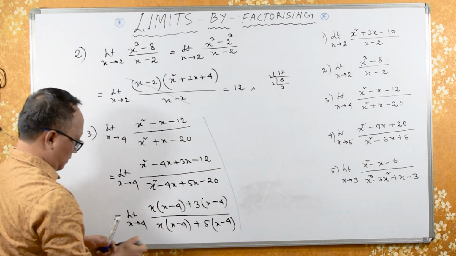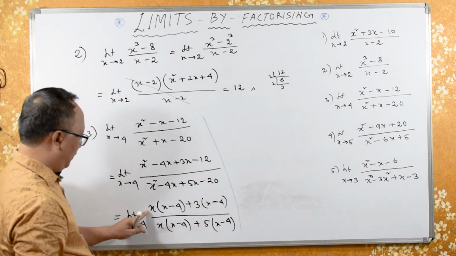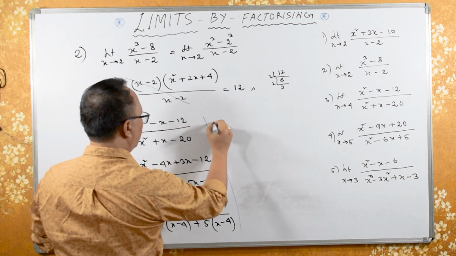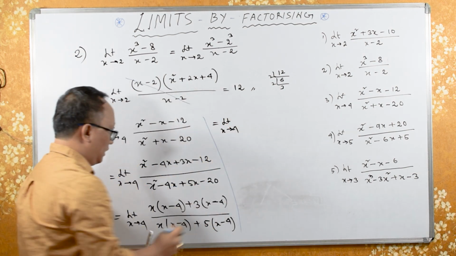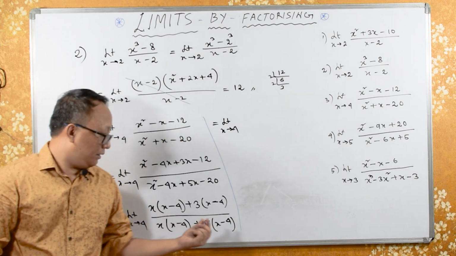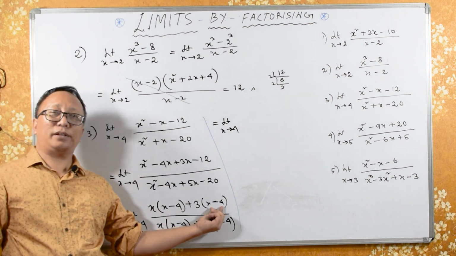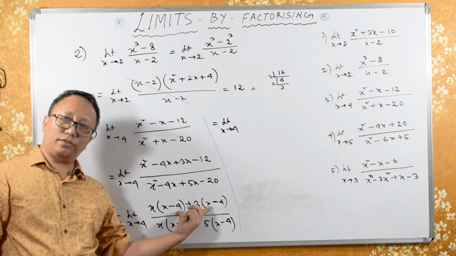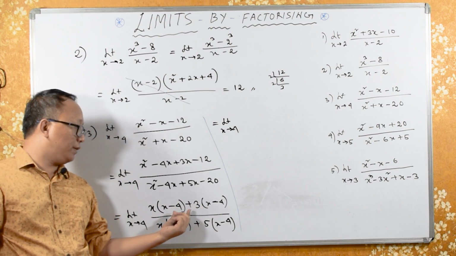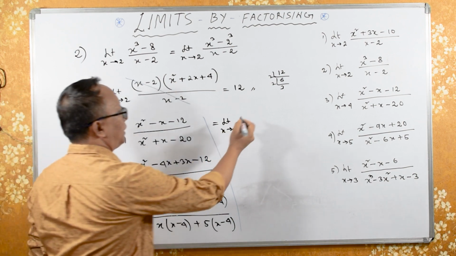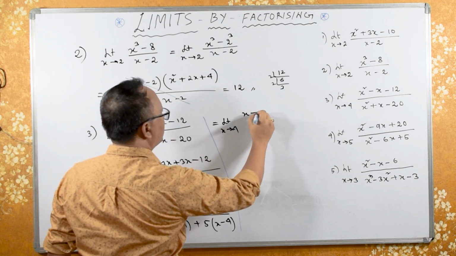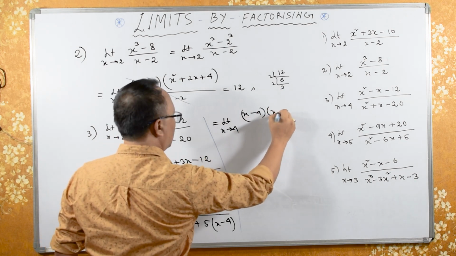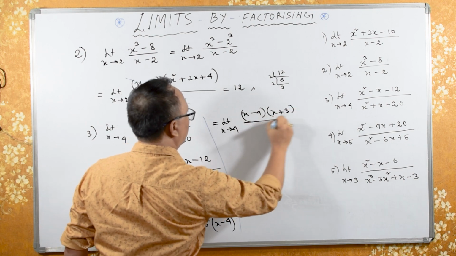Now this is equal to limit of x tends to 4. Now here we have x − 4; we can take x − 4 common. If I take x − 4 common, I will get (x − 4)(x + 3).